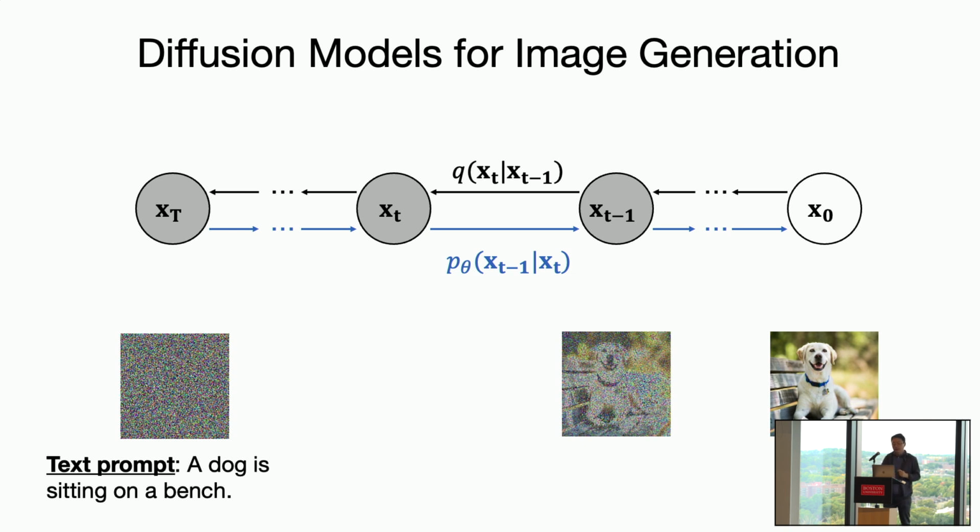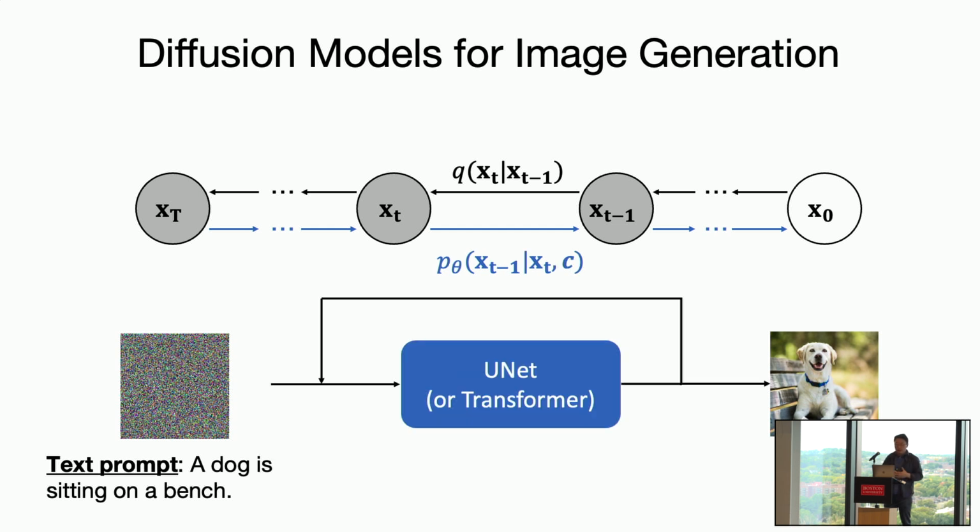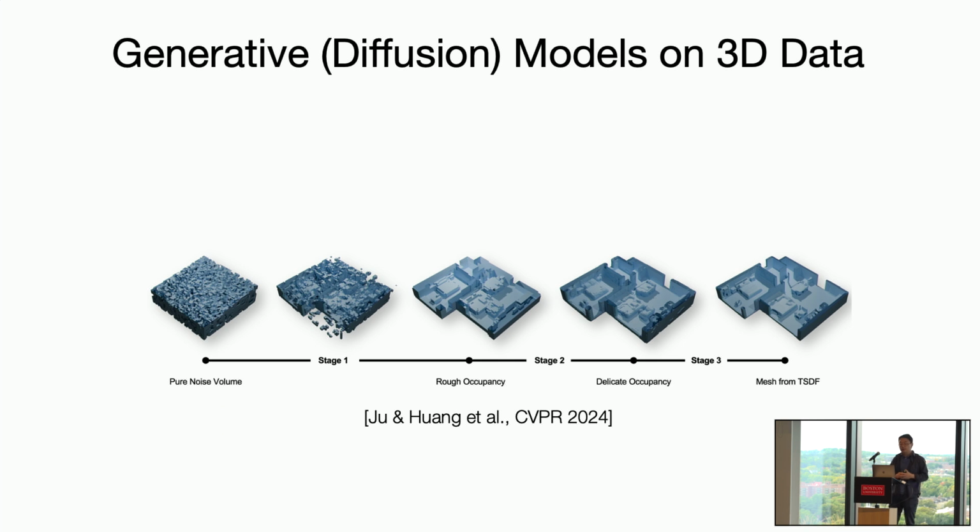Once the diffusion model is trained, we start from pure Gaussian noise and gradually remove the noises until in the end we have a clean image. This is how it works for image generation. For this parametric model or deep neural network, we can use a UNet or other transformer models.